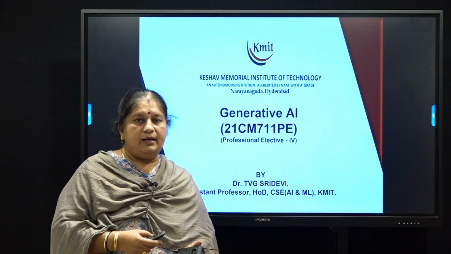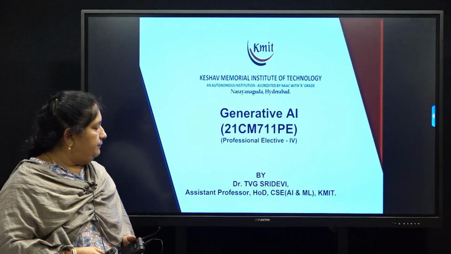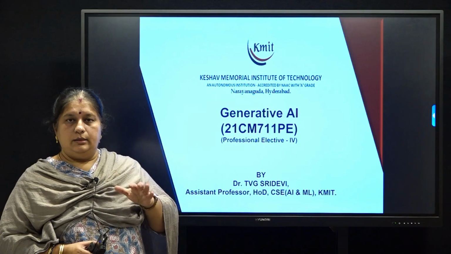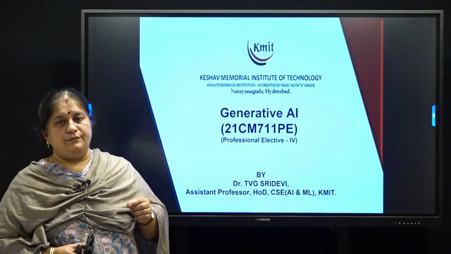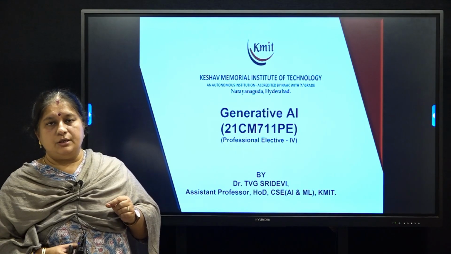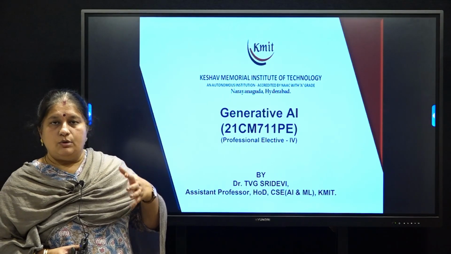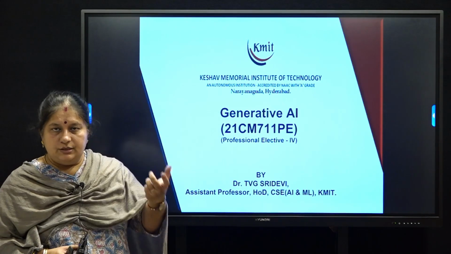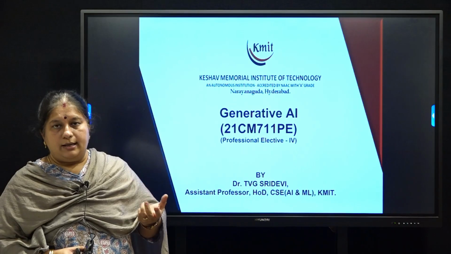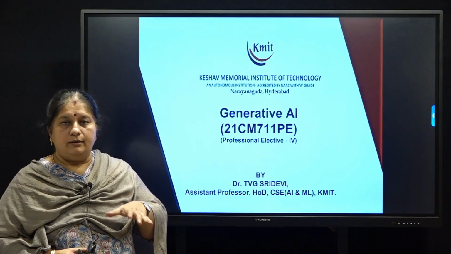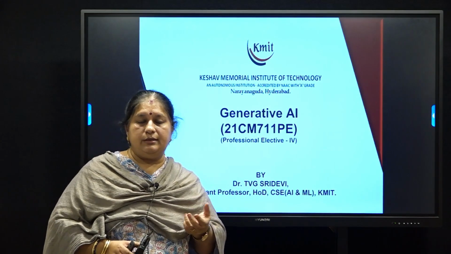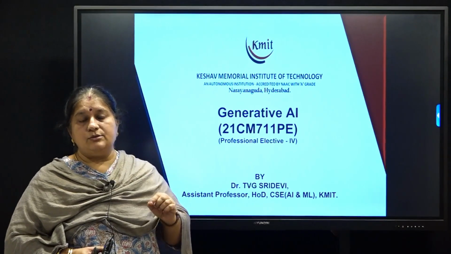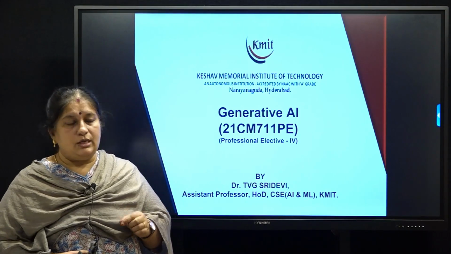Hello everyone. As part of learning generative AI, we were looking at the GPT models and the applications of GPT models, under which we started with image captioning. We have seen what exactly the problem of image captioning is, which models are used for extracting features from the image and which models are used for generating the caption, and we have also seen the data set which helps us generate appropriate captions for the images.